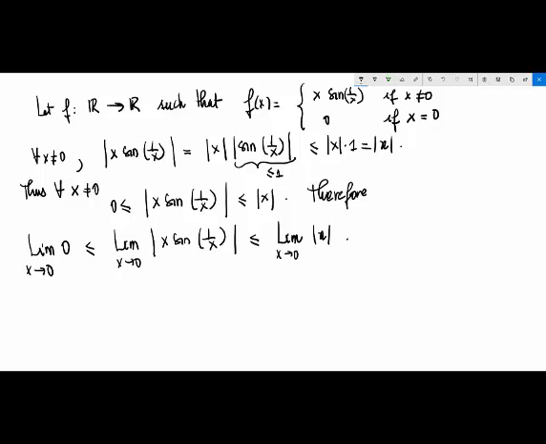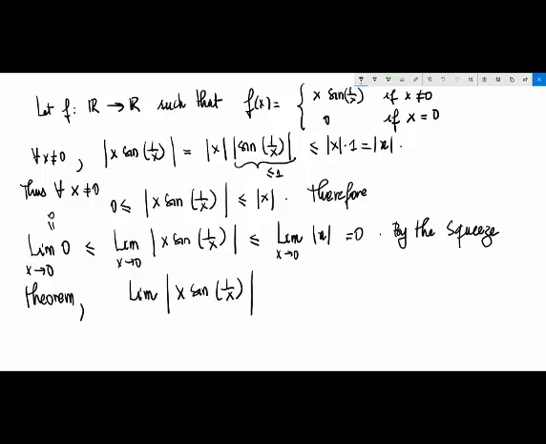Notice that this will go to 0, and this will go to 0, and by the squeeze theorem, we get that the limit of the absolute value of x sine of 1 over x when x is approaching 0 is 0.